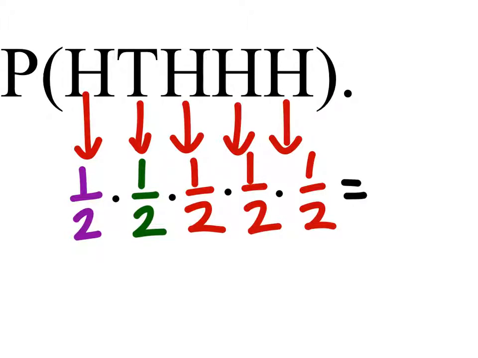It's fraction multiplication. I've got 1 times 1 times 1 times 1 times 1, which is 1, and then 2 times 2 times 2 times 2 times 2, which is 32. So the probability of heads, tails, heads, heads, heads is 1/32.